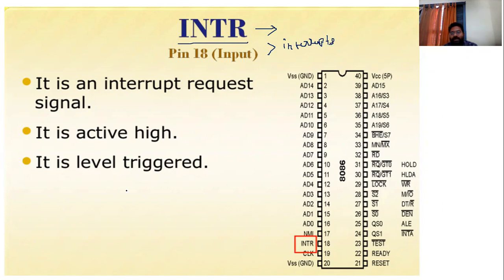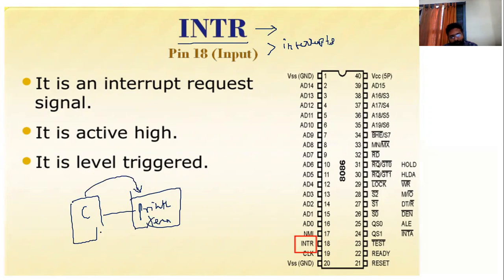What is the meaning of these interrupts? Again, coming to the computer and the printer, or a scanning Xerox machine. You give some command to the printer to print 100 pages. Printing is going on, and some 40 pages are printed. At that time, you can send another signal from the computer to the printer to stop those 100 pages and print another document.